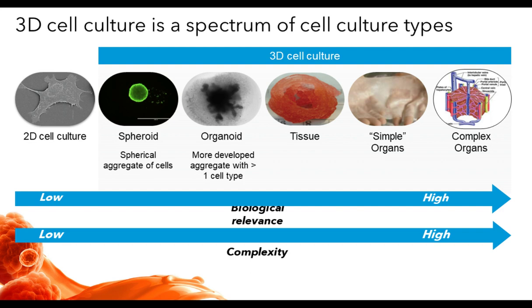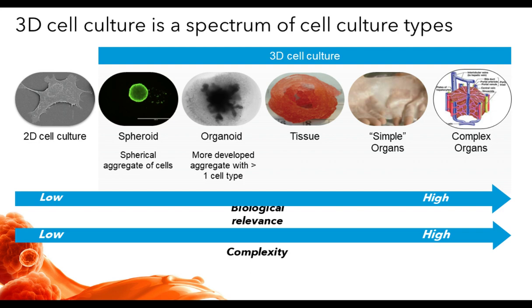Now this slide here shows, in fact, the spectrum going from 2D, illustrated on the previous slide, right the way up through to increasing levels of complexity. Going from left to right, you can see that 2D culture, as I alluded to on the previous slide, can now be taken, and those cells grown as a spheroid, where they form spherical aggregates.